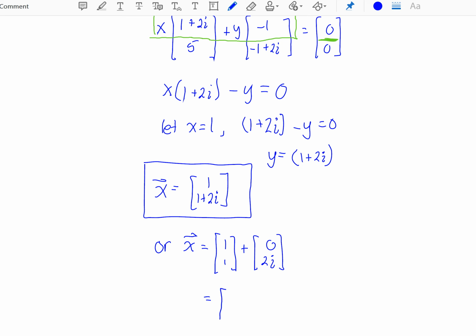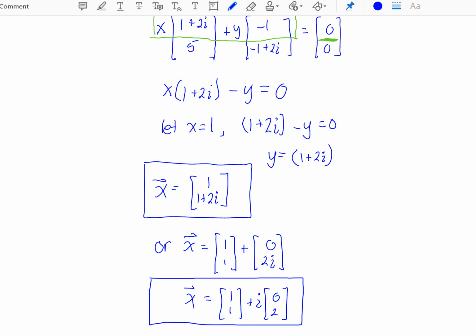They're going to write it in chapter 6 as the vector 1, 1, and then i times the vector 0, 2. You do not need to write it this way in chapter 5.3, but I'm doing it just so that we'll recognize this step when we get to chapter 6. Either of these could be used for your eigenvectors for this transformation.